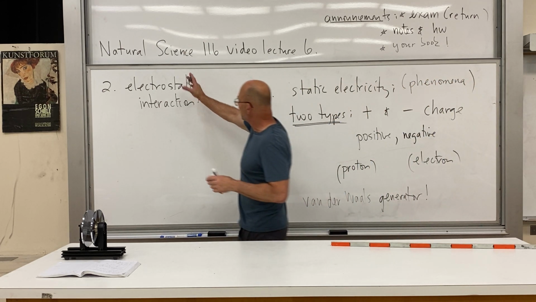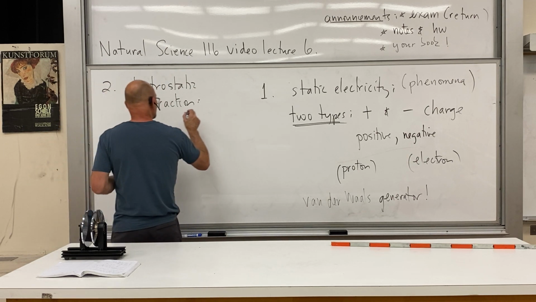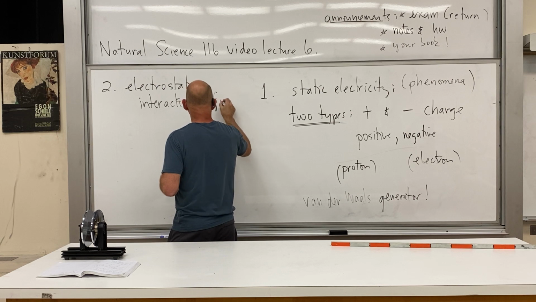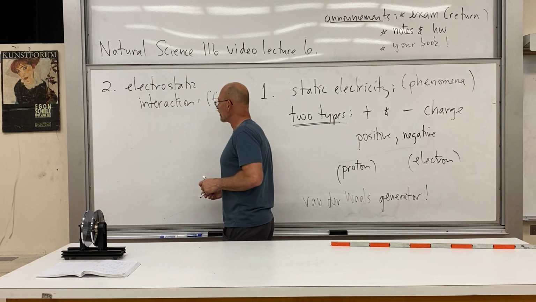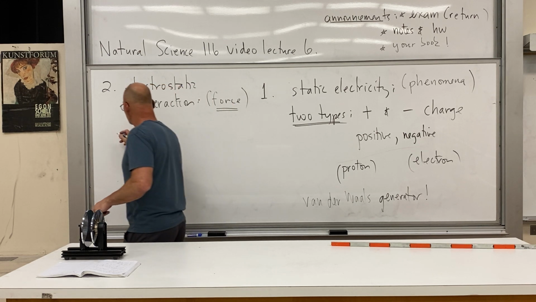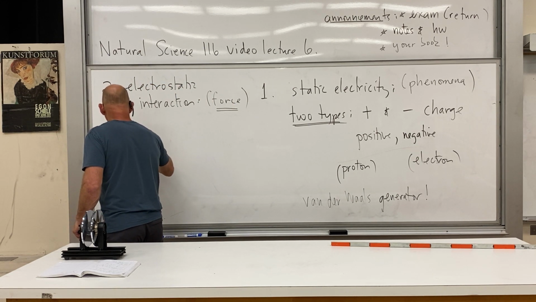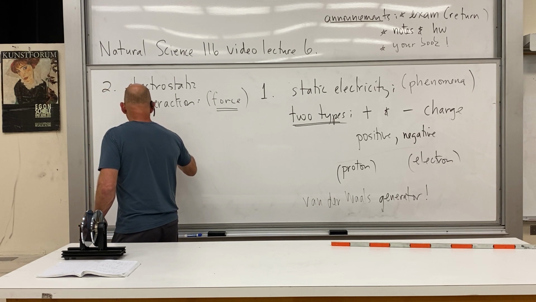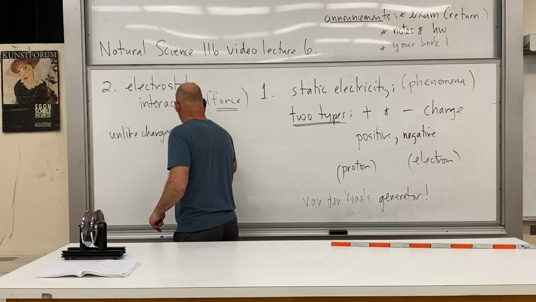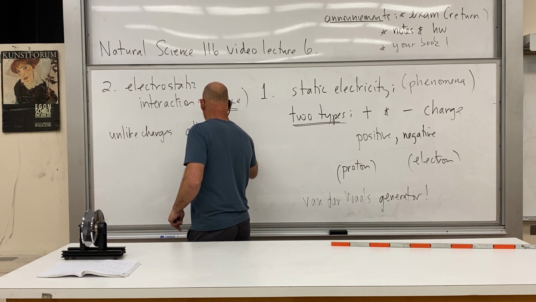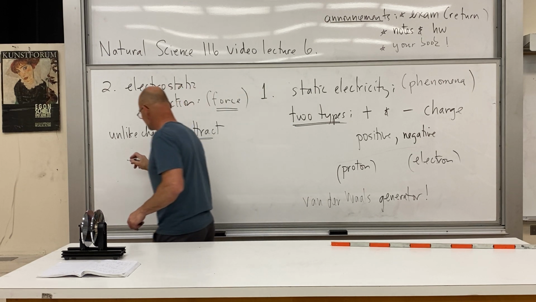Okay, but now we're over to the electrostatic interaction. And of course that means the force. And we know about forces. What we have is that unlike charges of these positive and negative charges attract, and like charges repel.